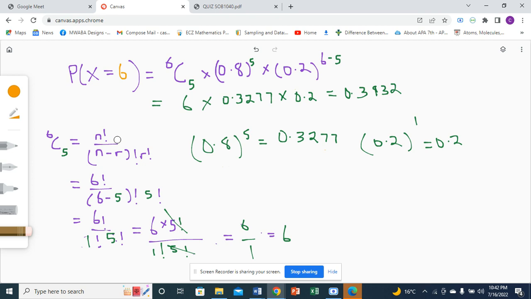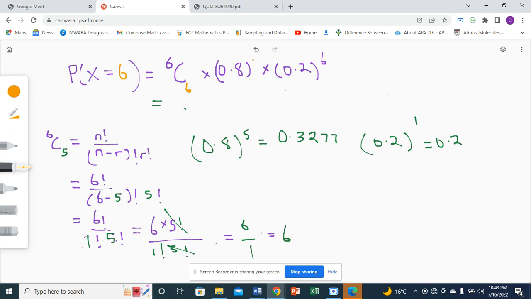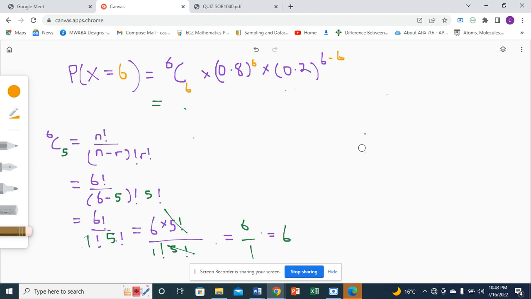So here we have 6 choose 6. Here we have to the power 6. And here we have 6 minus 6.